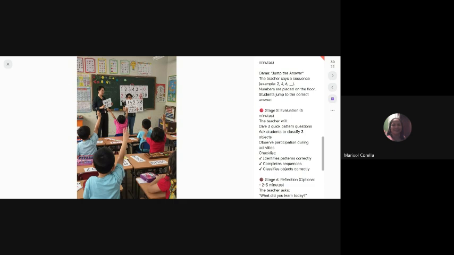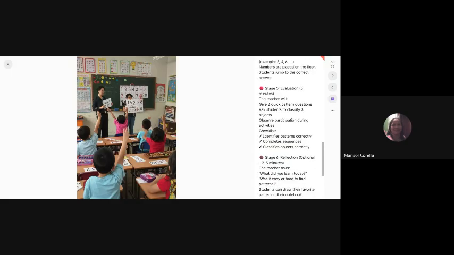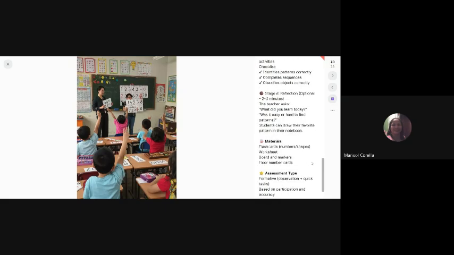Number 5 is the evaluation for 5 minutes. In this case, the teacher will give 3 quick pattern questions for students to classify 3 objects, and observe the participation during activities with a checklist: identify the patterns correctly.